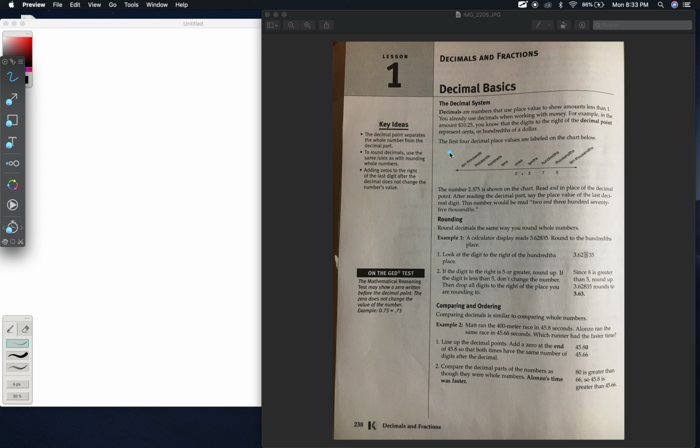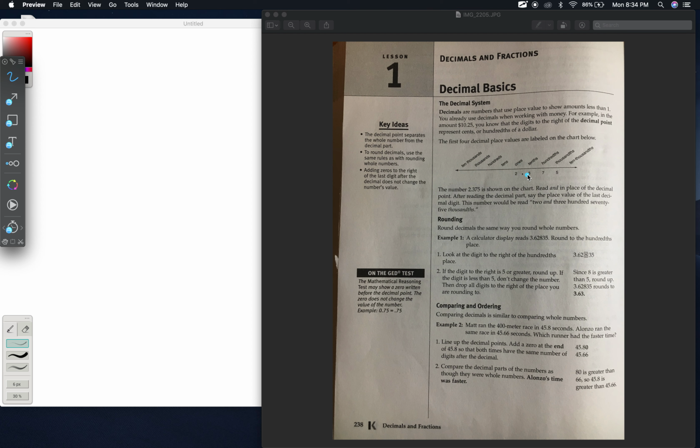So here we go. We already learned in lesson 1 the place values to the left of the decimal point. Now we look to the right of the decimal point. It's pretty similar. To the left of the decimal point, it starts with the ones place, then each digit over: ones, tens, hundreds, thousands, and they all end with an S. Whereas to the right of the decimal point, it does not start with ones.